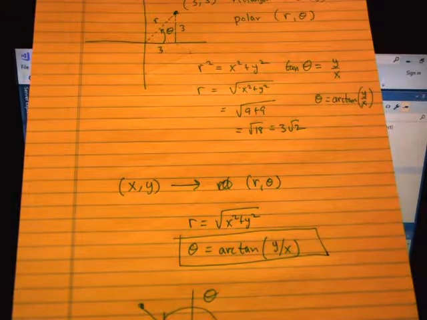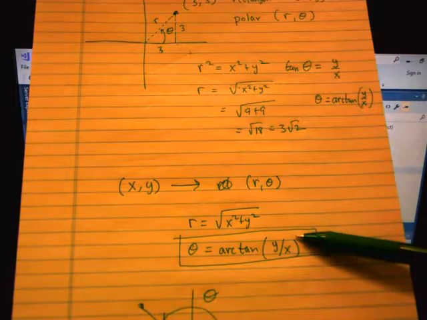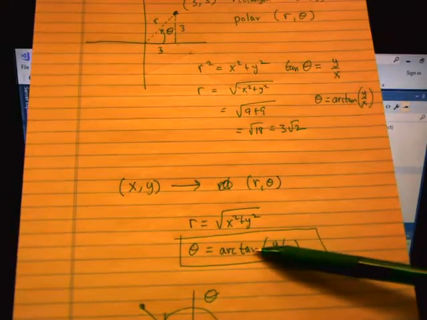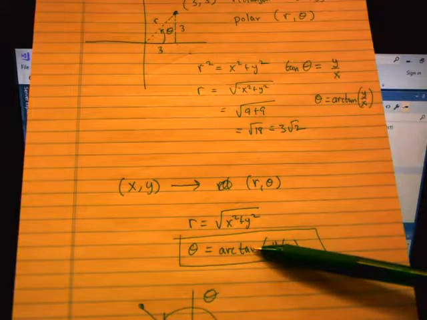It won't give me the right answer. How come? Because that's the domain of arctan. Right idea, wrong word. It's the range of arctan. Arctan only ever gives answers in quadrants 1 and 4. And it has to do with, in order to talk about an inverse function, you need the original function to be 1 to 1, and tangent is 1 to 1 in quadrants 1 and 4.